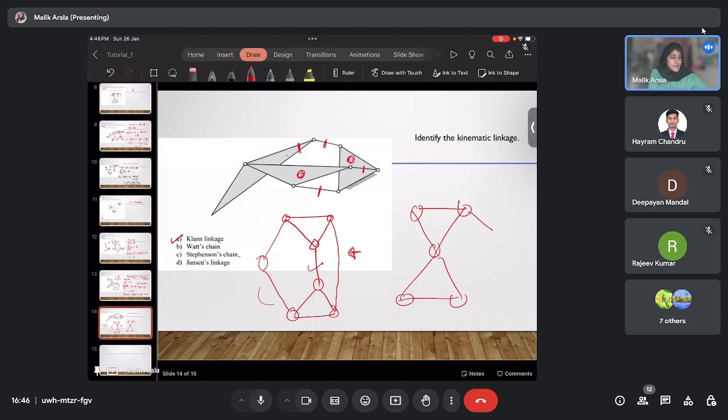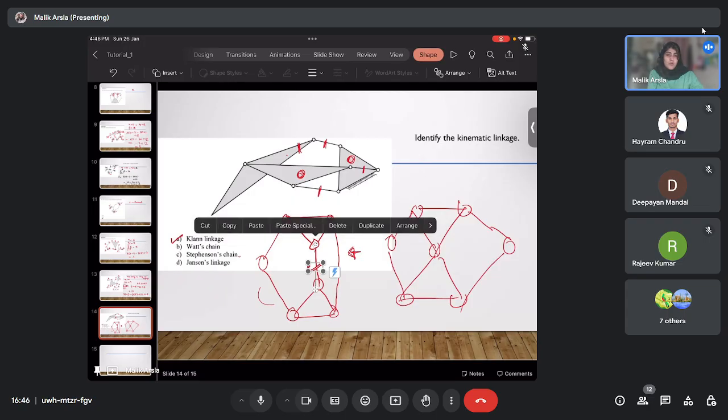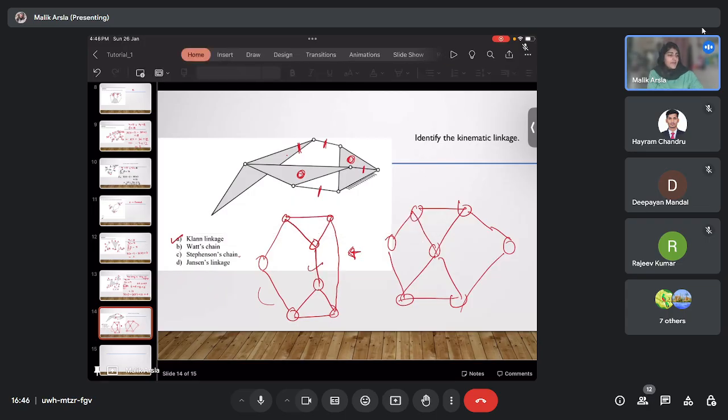Where there was one link, here it becomes 2 links, and on the left side it remains the same. So when this link is shifted to this, it becomes Watt's chain, and if shifted to this, it becomes Stephenson's chain. These simple questions can come in competitive exams, or even your college exams, asking what the difference is between Watt's chain and Stephenson's chain.